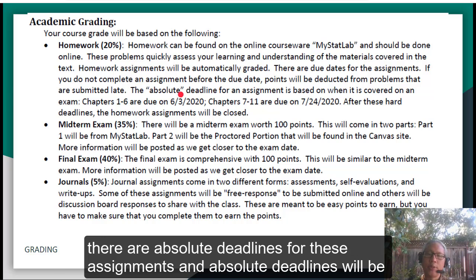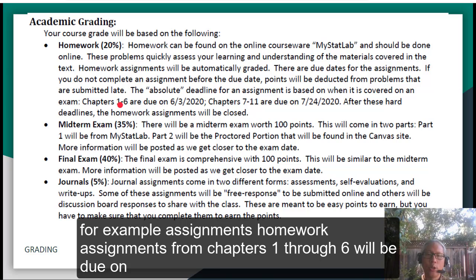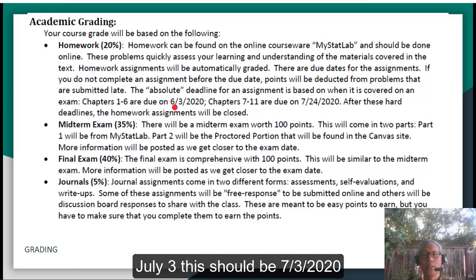There are absolute deadlines for these assignments, and the absolute deadlines will be based on the exams that those assignments will be covered in. For example, homework assignments from chapters 1 through 6 will be due on July 3rd. This should be 7/3/2020.